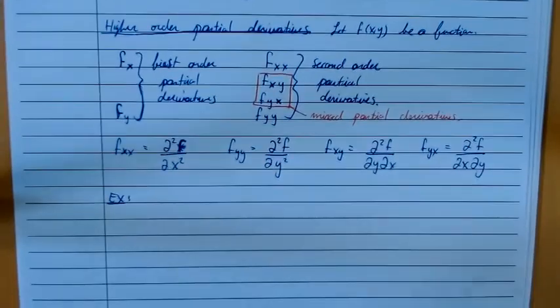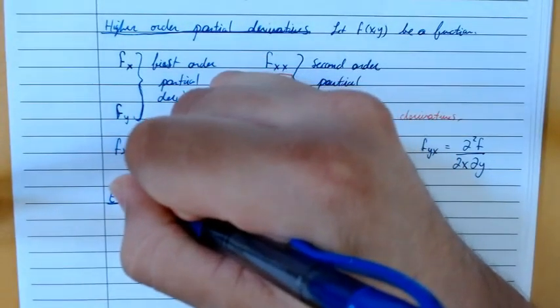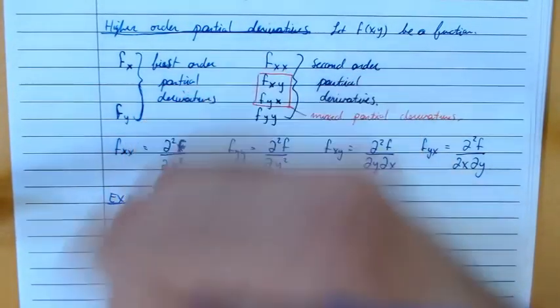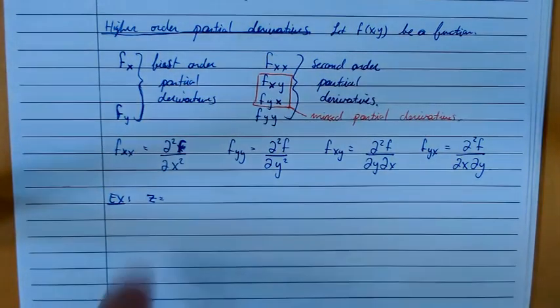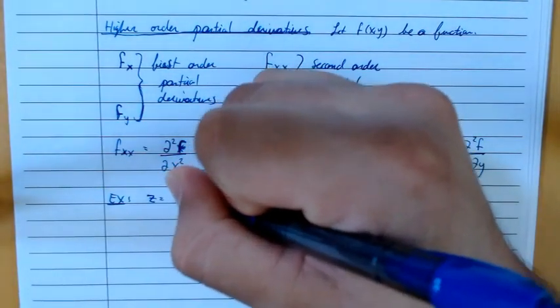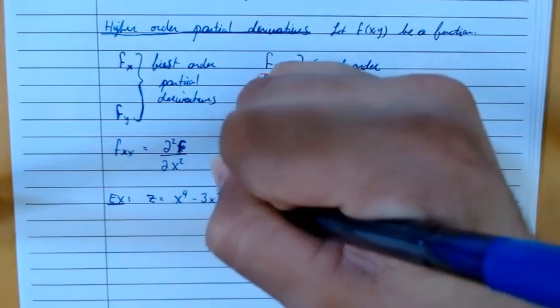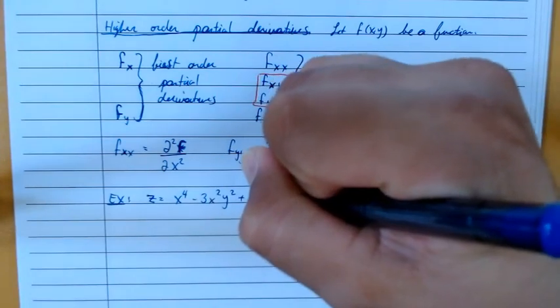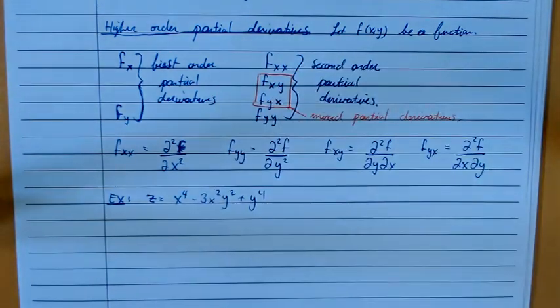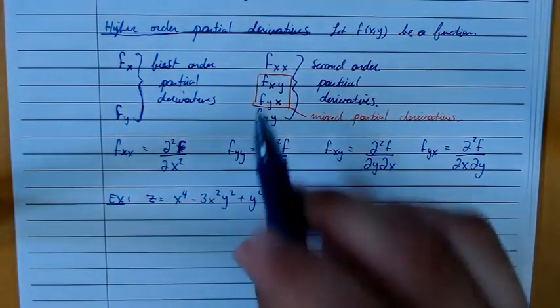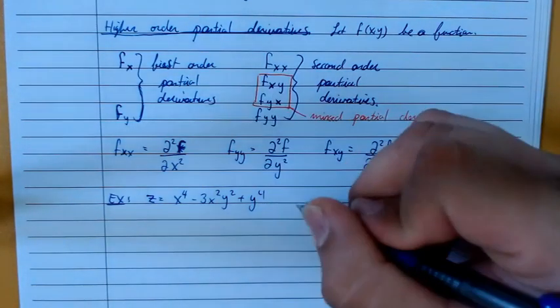regardless of which notation you want to use, let z, sorry, if you prefer f of x comma y, z is equal to x to the fourth minus 3x squared y squared plus y to the fourth. Find all second order partial derivatives. Find all four of these.